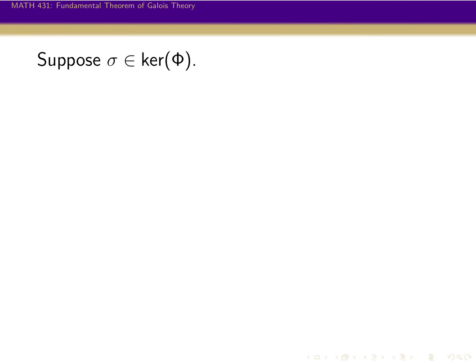Okay. And so now that we have a homomorphism, we can do our simple trick of figuring out what the kernel is and what the image is. So let's start with the kernel. Let's suppose that sigma is some element of the Galois group of L adjoin alpha 1 through alpha r over L, and let's say that it's in the kernel. Well, if it's in the kernel, that means that when we restrict it to N, we get the identity.